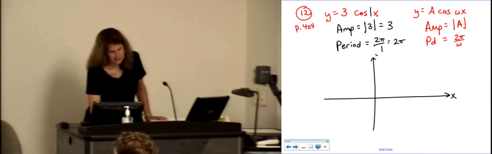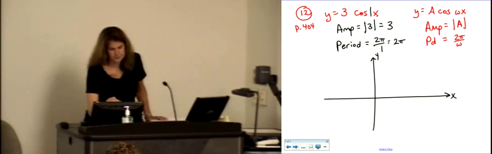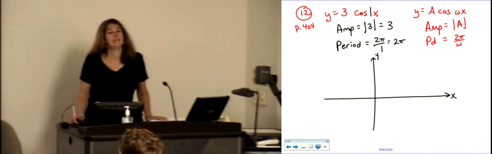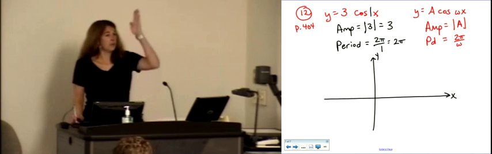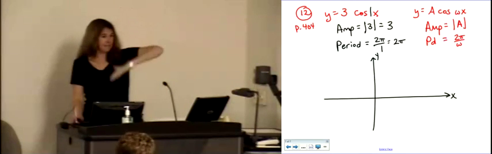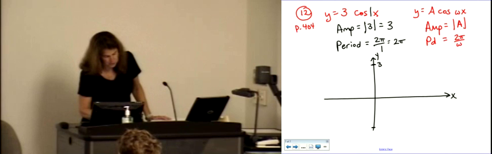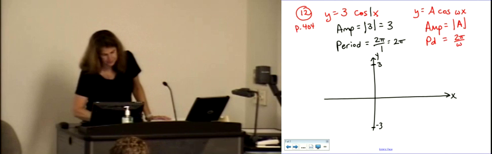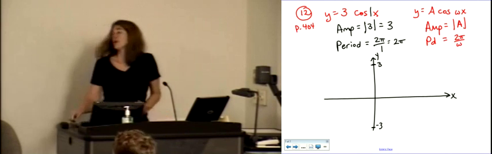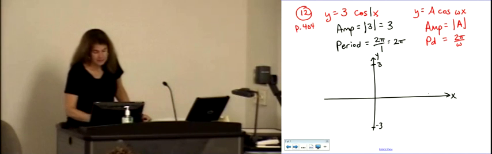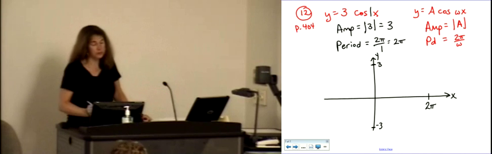What changes when I sketch the graph? The amplitude. So on the y-axis, I'm going to be up at 3, down at negative 3. Now, when I'm graphing these, the period here is 2 pi, so I know I'm going to go out 2 pi units before I repeat.